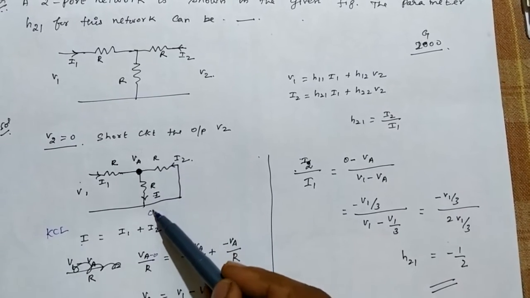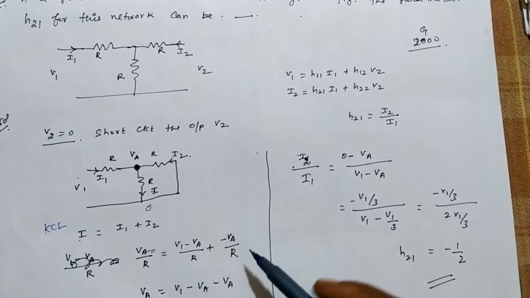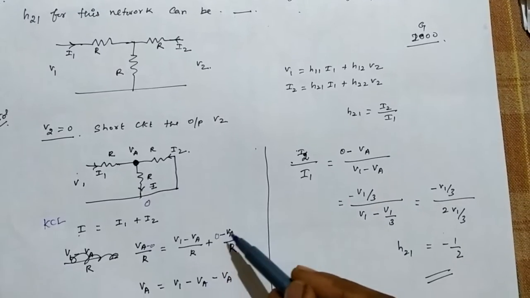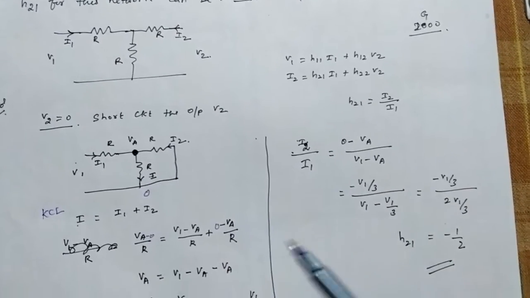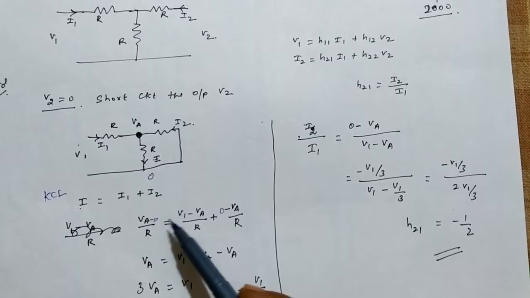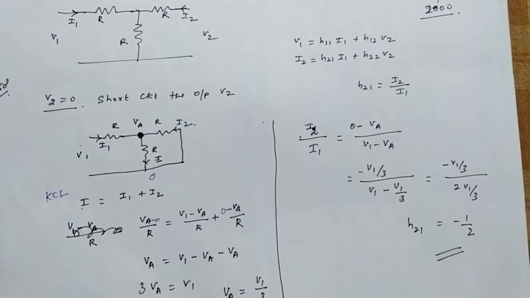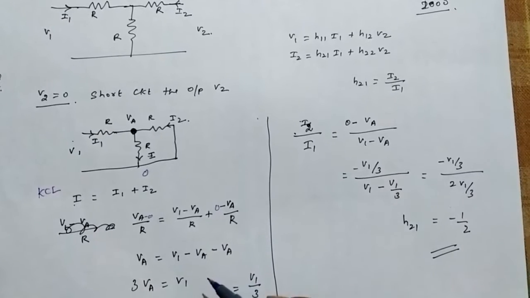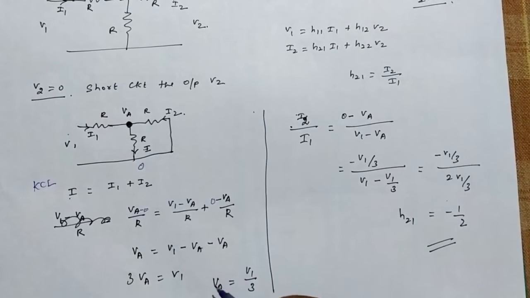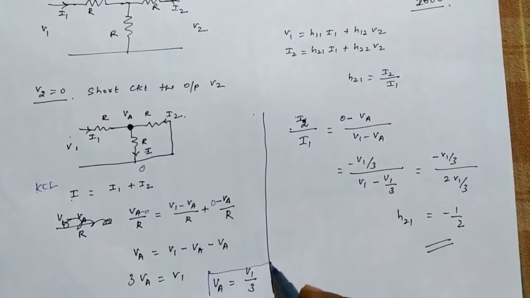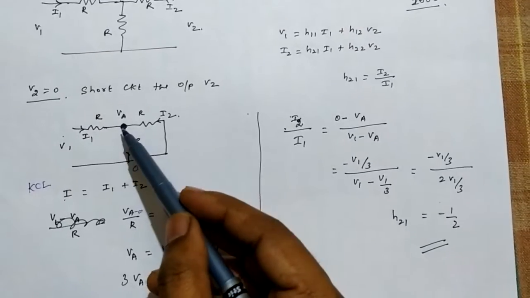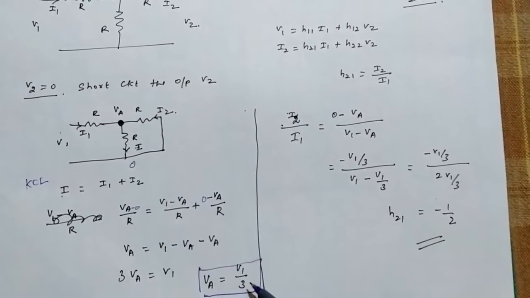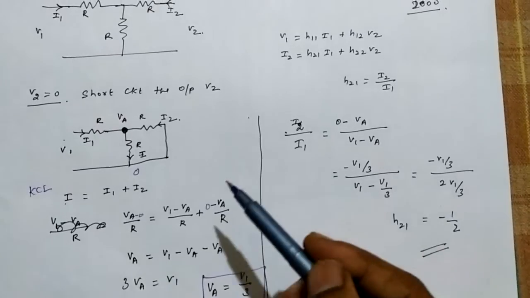So here we have the 0 voltage, 0 minus VA, divided by R. So when we simplify this, throughout the denominator we have capital R, so we will cancel that and simplify. We have the answer VA, the potential at node A, is V1 divided by 3. Keep it as it is.